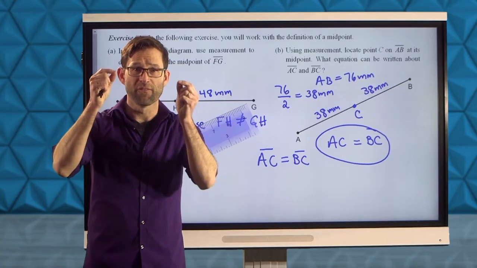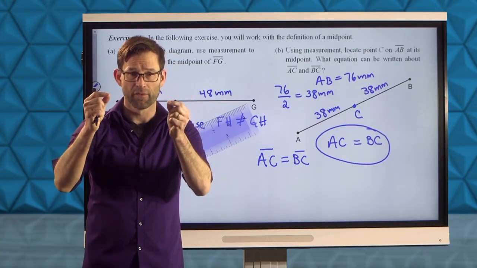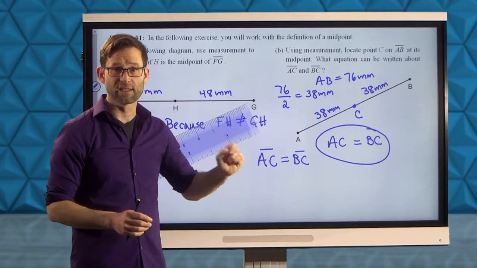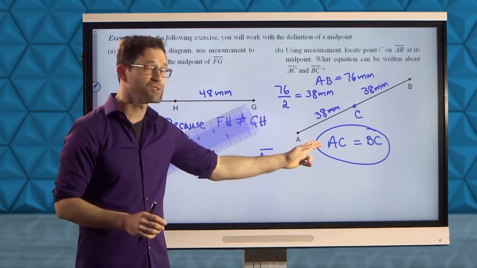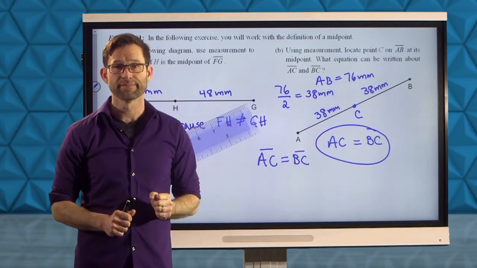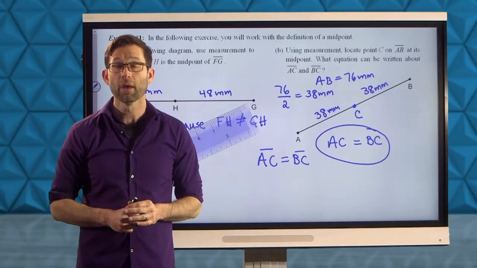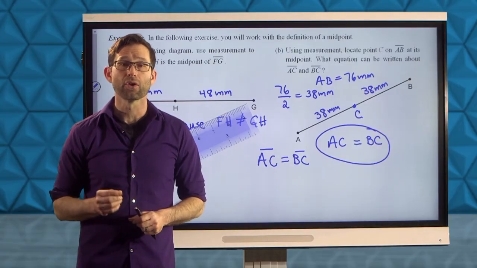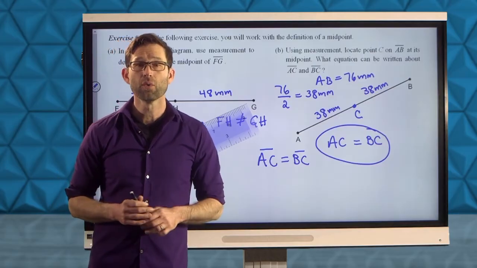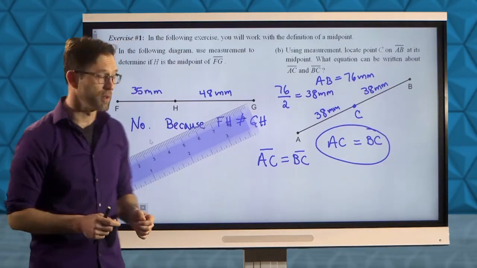We're talking about the physical line segment itself. And so it's a little bit weird to say that a line segment is equal to a line segment as opposed to this, which says the length of AC is equal to the length of BC. It's a little bit of a technical point, but you do want to make sure you understand how your teacher would like to see it done. All right, let's move on and do another problem that involves more terminology.